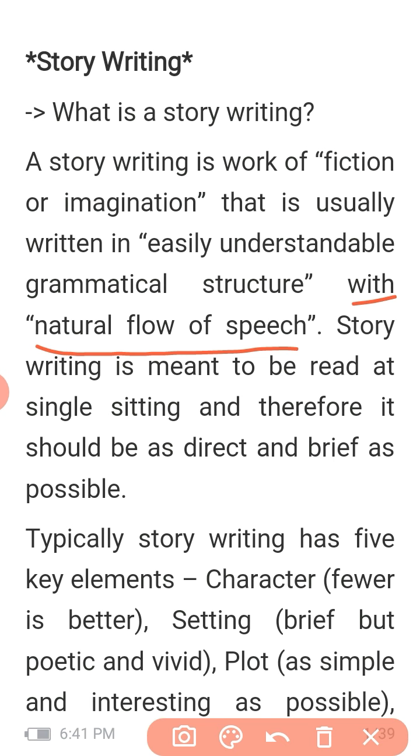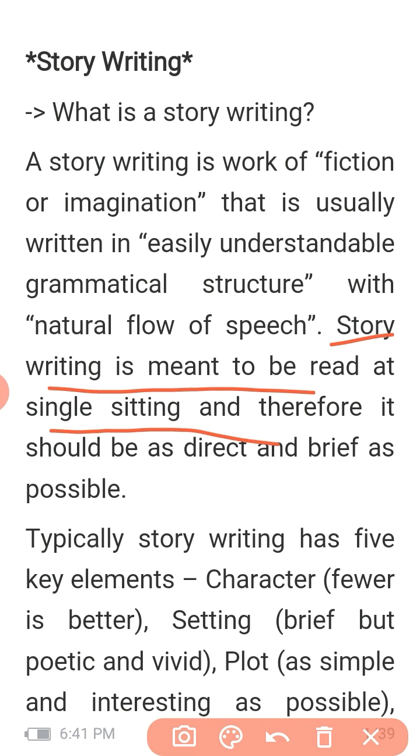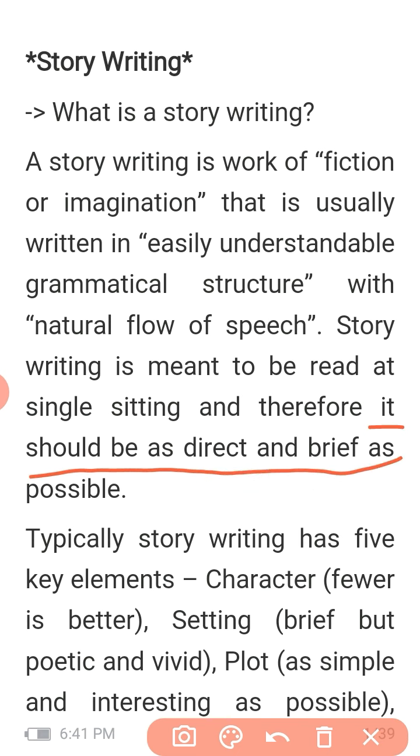It means you should show your simplicity. No creative, no materialistic thoughts. Be natural. Story writing is meant to be read at a single sitting, and therefore it should be as direct and brief as possible.